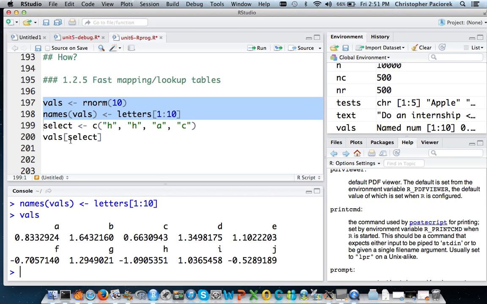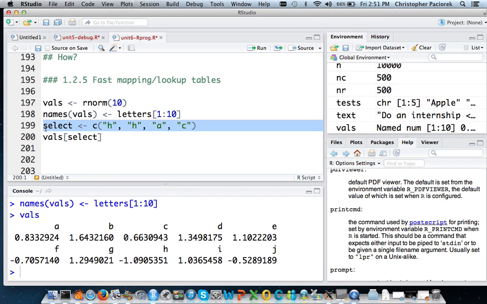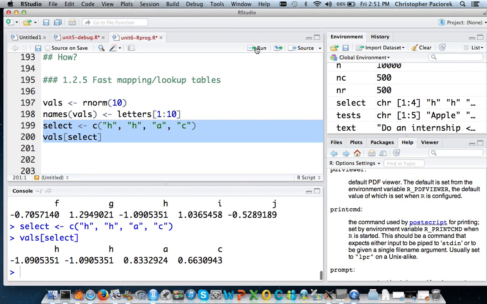And I can pull out by name certain elements of this vector of values. Suppose I wanted to pull out the H, another two copies of the H, and the A and the C ones. I can do that by explicitly passing in those labels or names, and that will pull out the four elements of the numeric vector that I'm looking for.